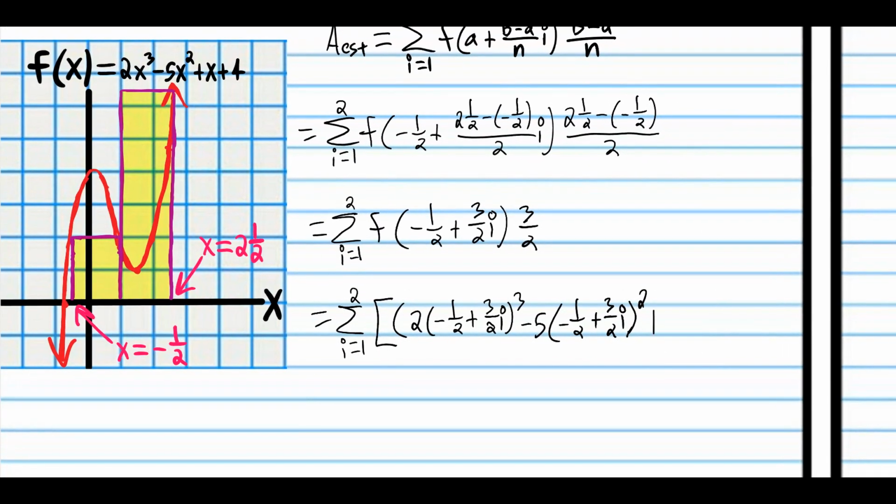Then I'm going to write plus x, but again, instead of x, I'm going to write negative 1/2 plus 3/2 I. And then we have plus 4.